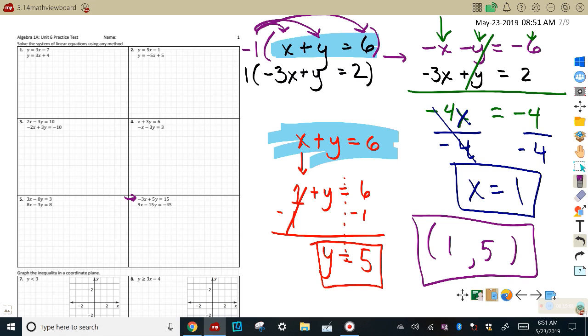Let me get one more example to do like this. Let's see. We don't want to get too tight.